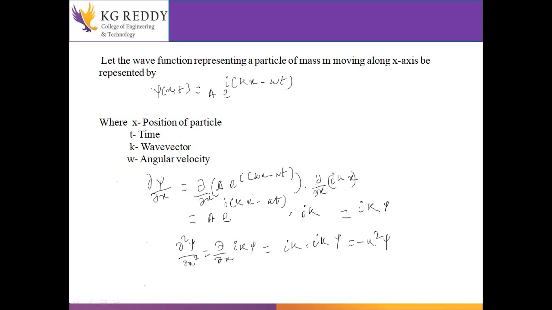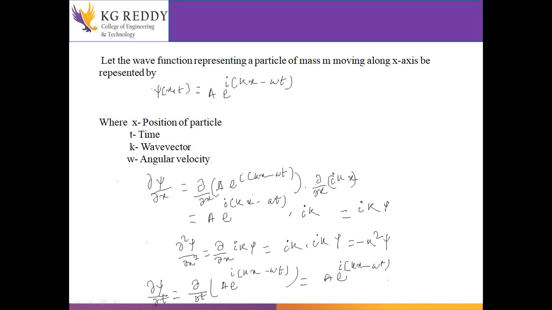Then we will find del psi by del t. Del by del t of a e to the power i(kx minus omega t) equals a e to the power i(kx minus omega t) into del by del t of the time dependent part, minus i omega t.